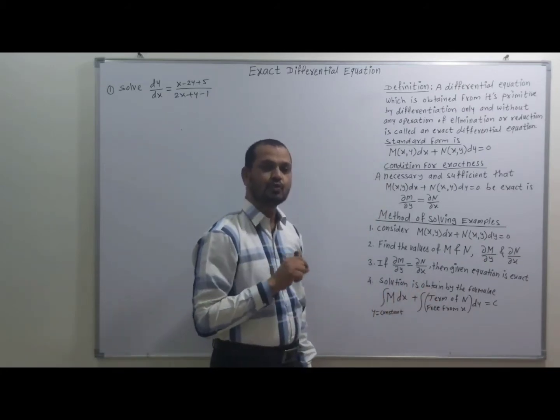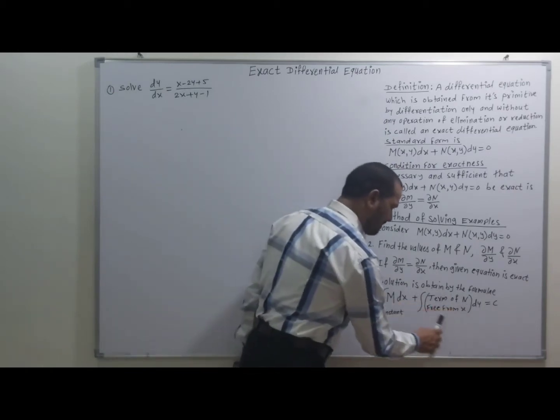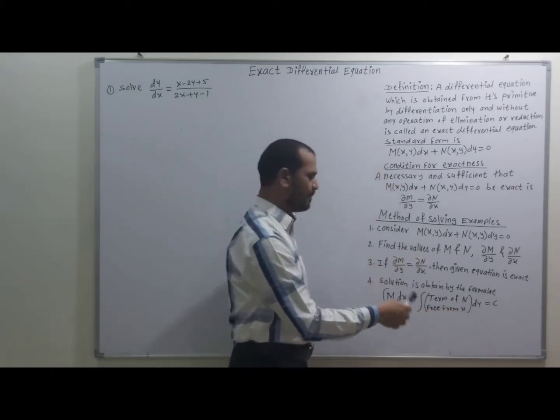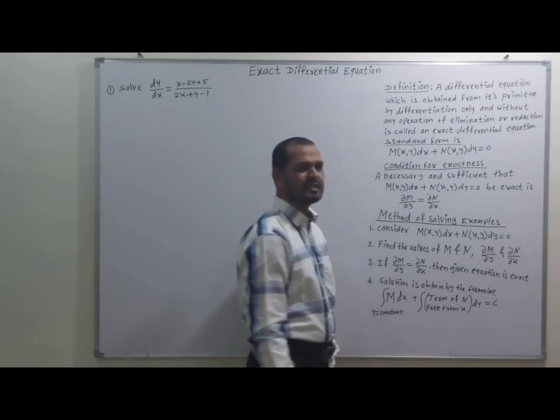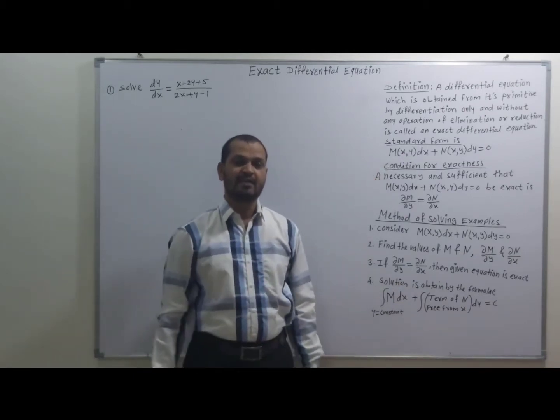That means only choose those terms from N which are free from x, that is, avoid the x terms. These are the four important steps for solving the exact differential equation.